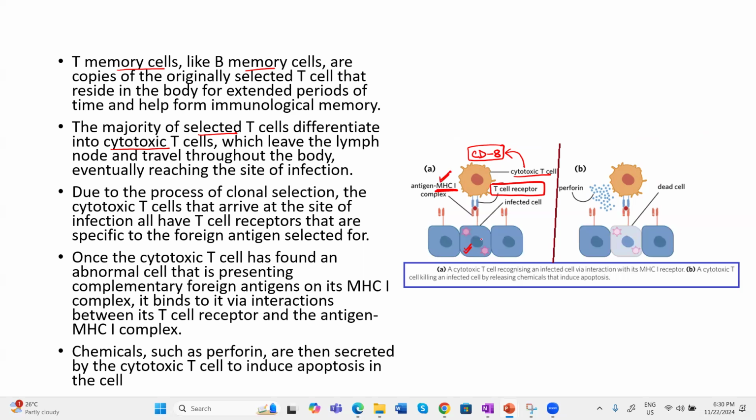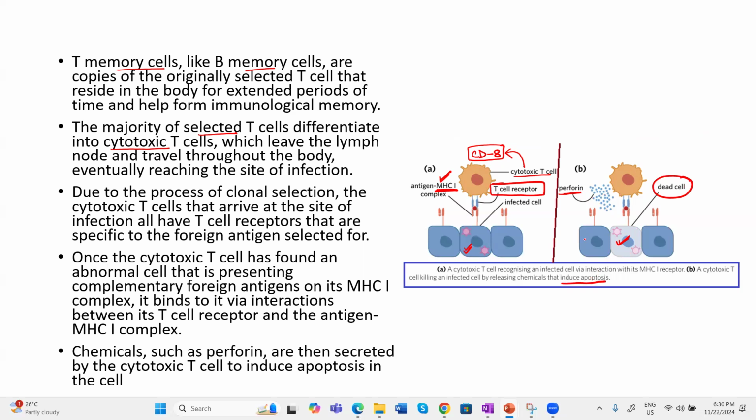Now, once it has found this abnormal cell and made a connection, what will happen? It will release a chemical like perforin so as to create a pore, and finally the cell will go for apoptosis, means the cell will die. Is it clear? And it will induce apoptosis.